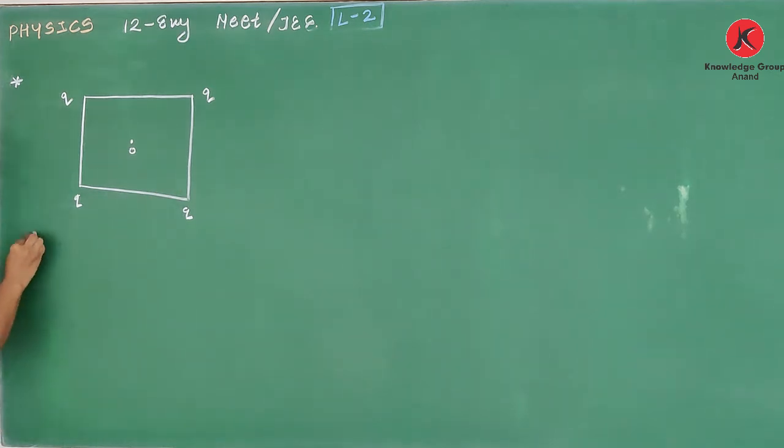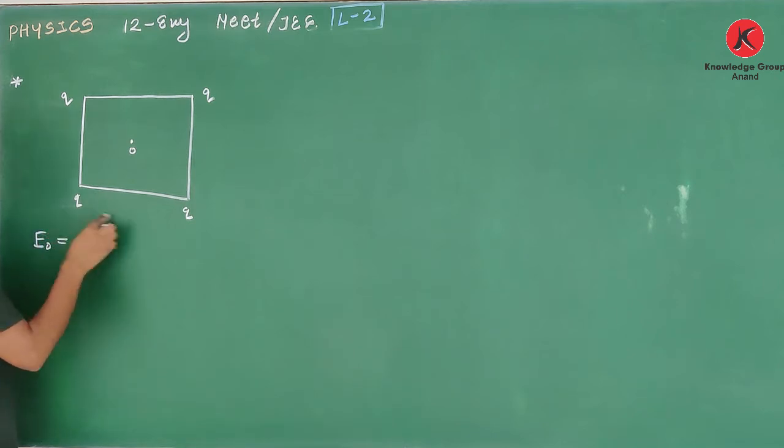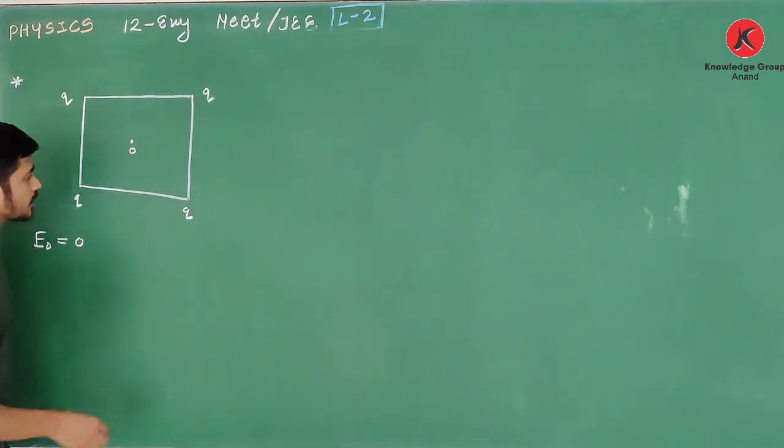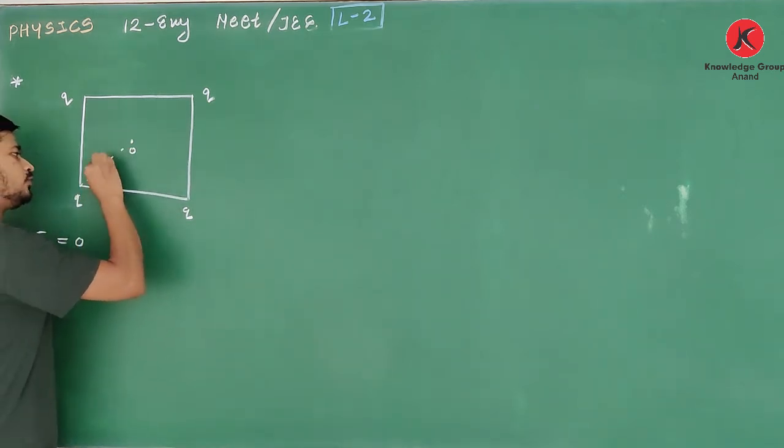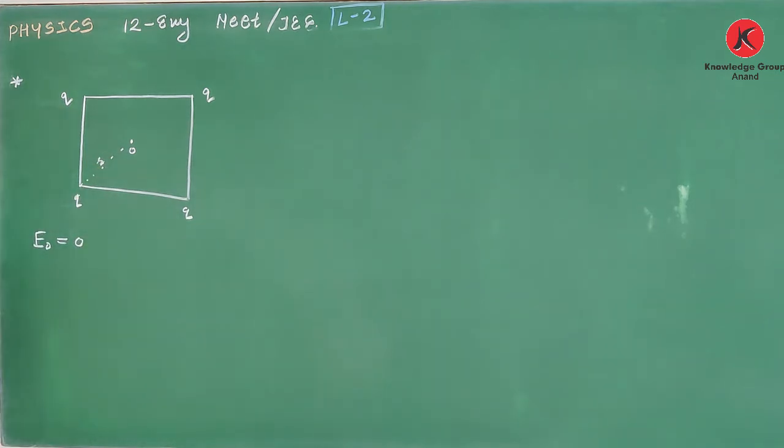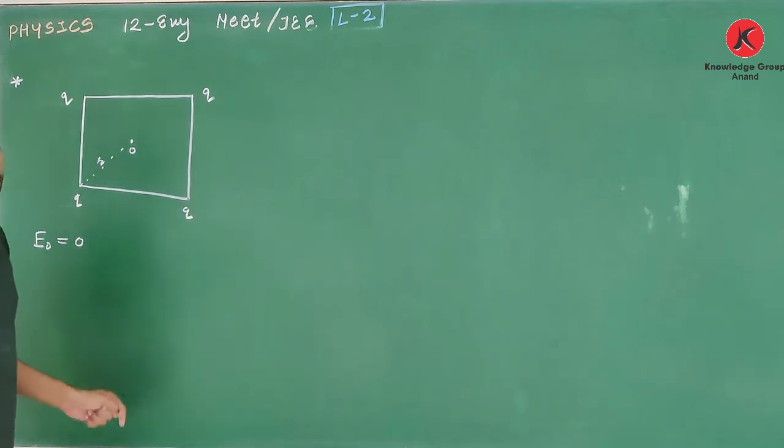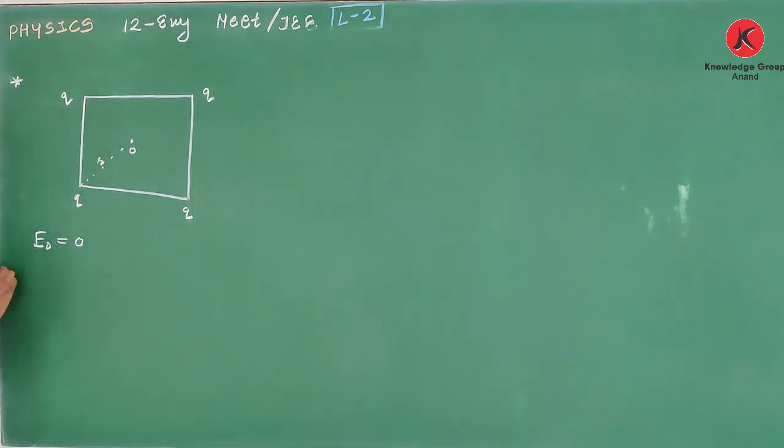Obviously, the electric field at the center E0 is equal to 0. Why? These 4 charges are identical, and the distance from center to corner is also identical. So obviously, if you are given a square and on all corners identical charges are placed, then at the center the electric field is 0.